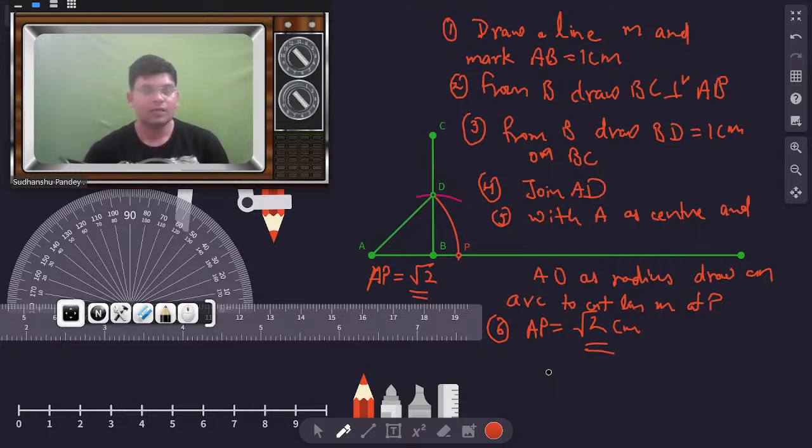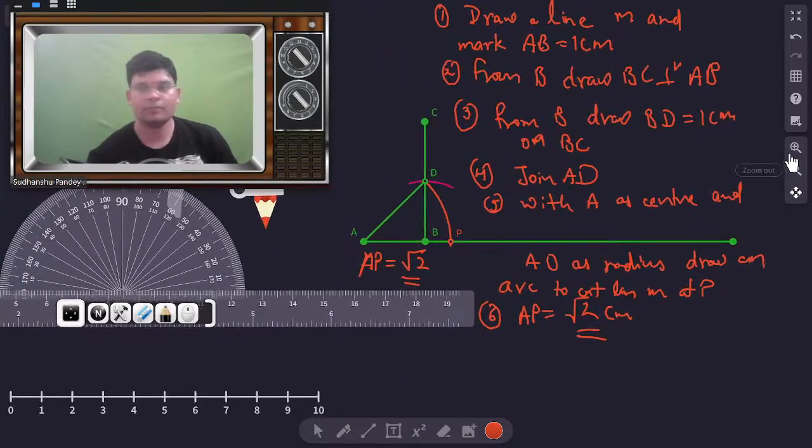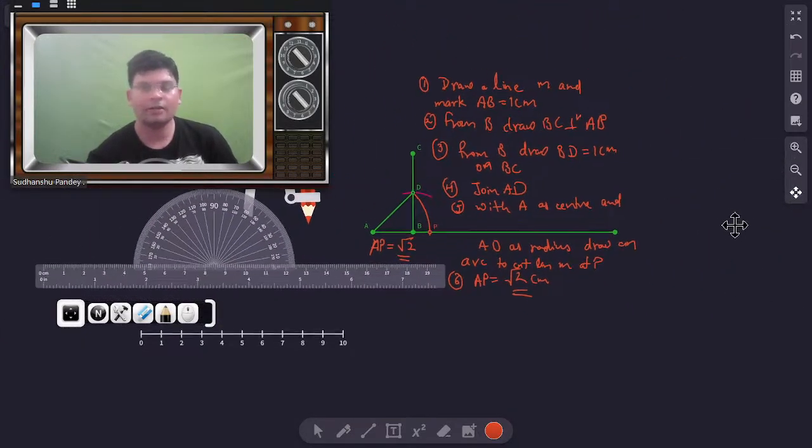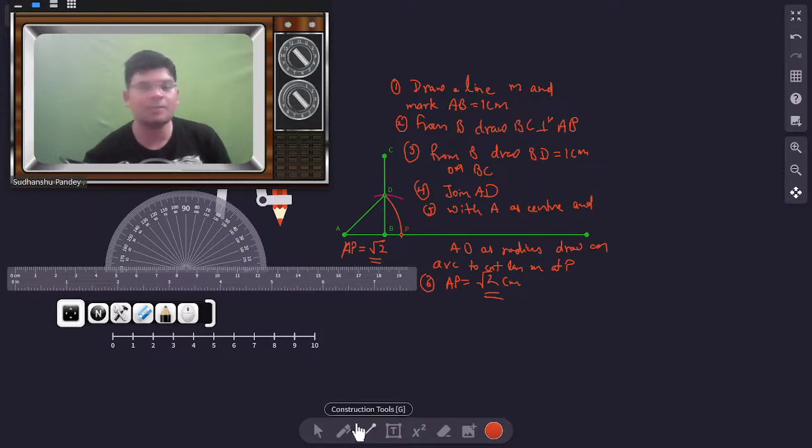Yes, sir. कैसे हुआ ध्यान दो. ठीक है, ध्यान देना कैसे हुआ. हैंड राइटिंग समझ में आ रही है सबको या मैं टेक्स्ट में टाइप कर दूं? बताओ.